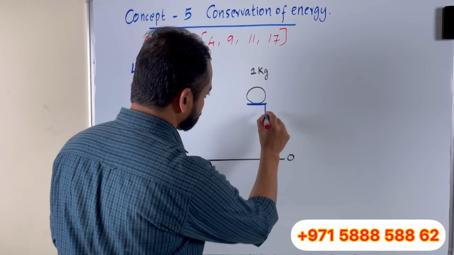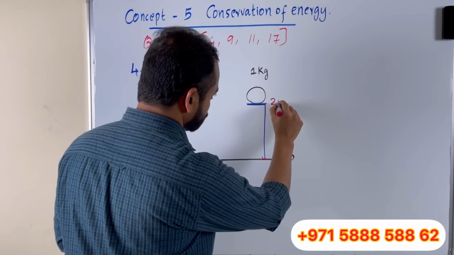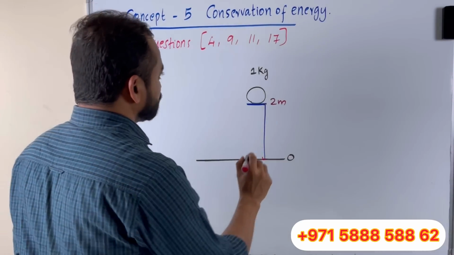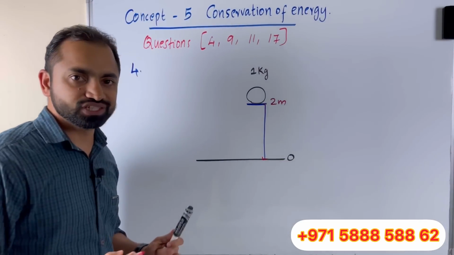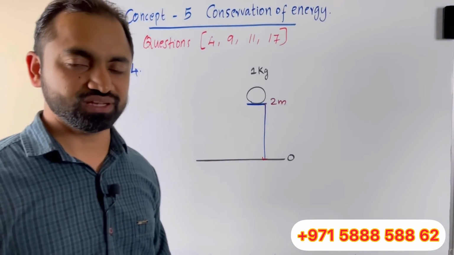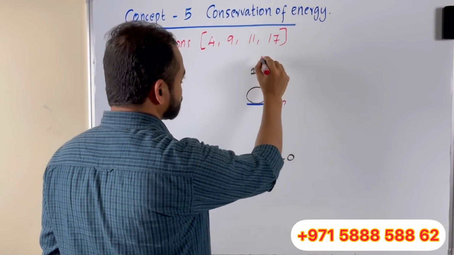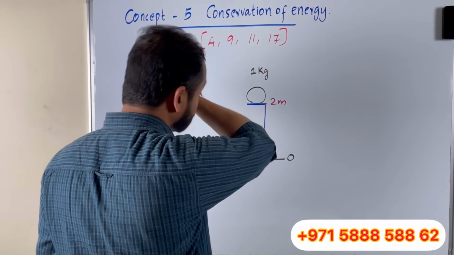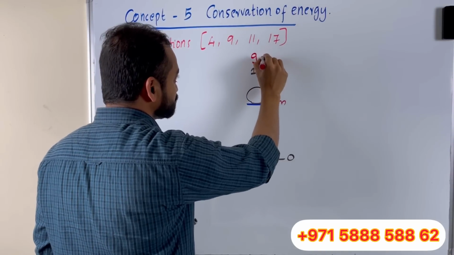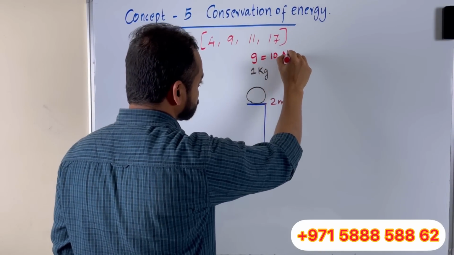From the ground to here the height is 2 meters. The value of the gravitational field is 9.8, but for ease of calculation we will consider g equal to 10 newton per kilogram.